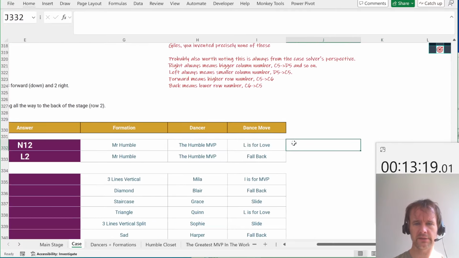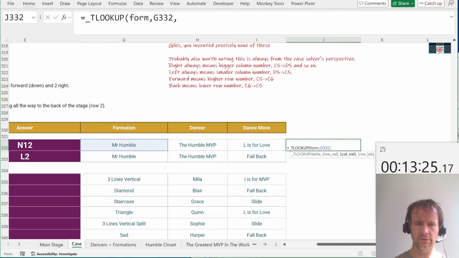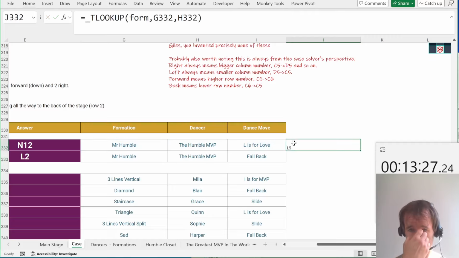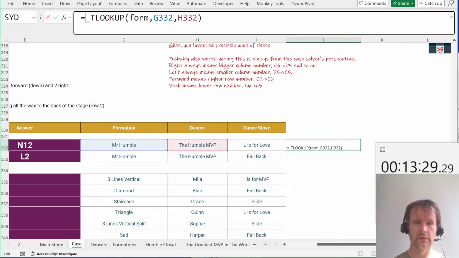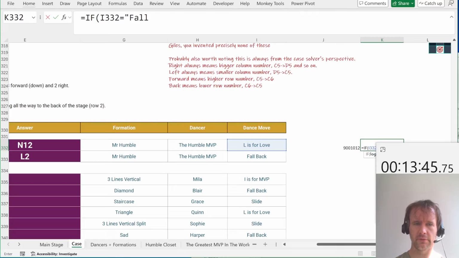Okay, so formation and dancer. So the starting position is going to be XLOOKUP in form, this formation, this dancer, and then we'll say to RC ref, add to RC ref, yes. So we're going to say if this equals fall back.